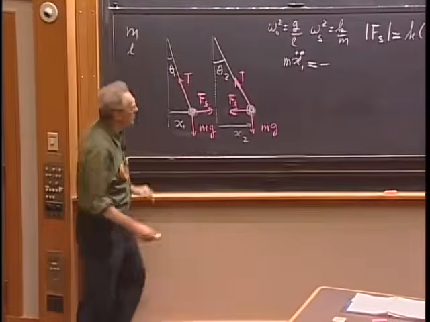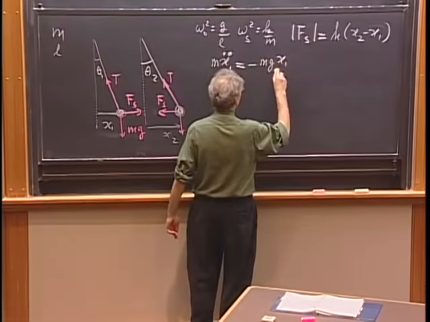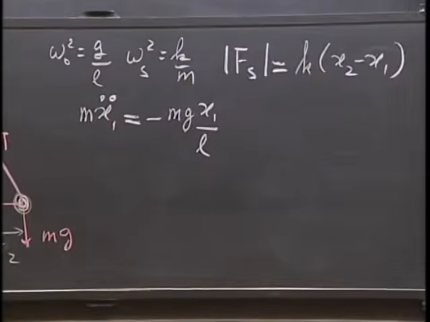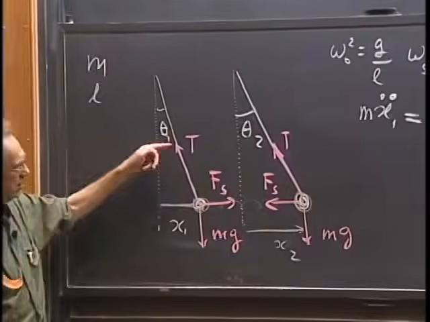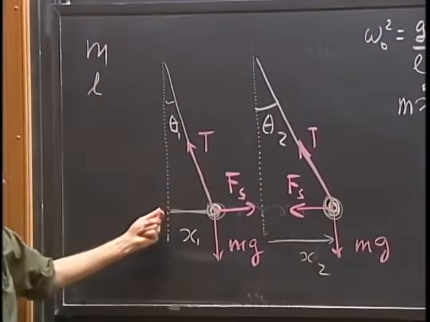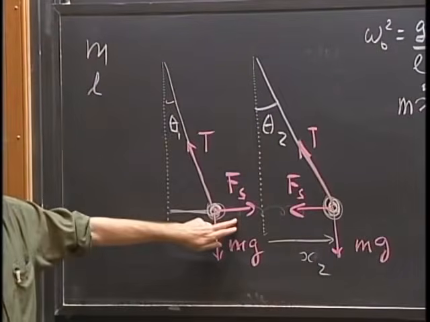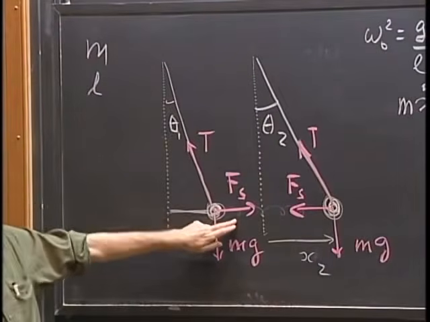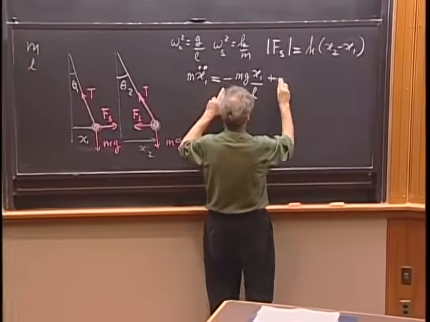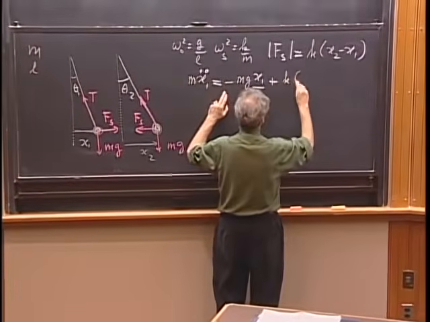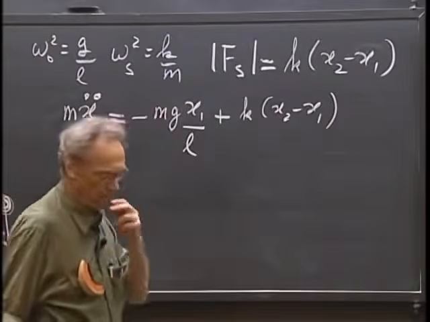And T is mg, so it is minus mg times x1 divided by L. Do we agree it is that horizontal component here? The horizontal component of T is driving it back to equilibrium, minus sign. Fs, the spring force, is driving it away from equilibrium. So it's going to get plus k times x2 minus x1.